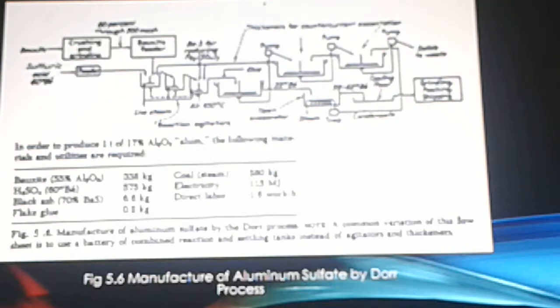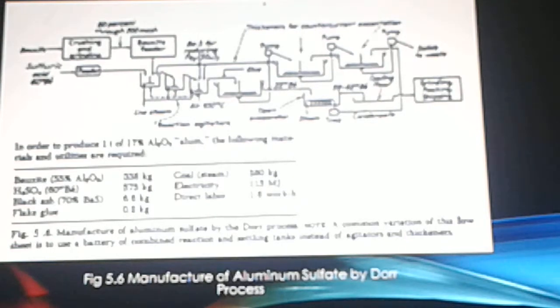Bauxite 338 kilograms, sulfuric acid 572 kilograms, black ash 66 kilograms, flake glue 0.2 kilograms, coal or steam 380 kilograms, electricity 115 MJ, direct labor 1.6 working hours.